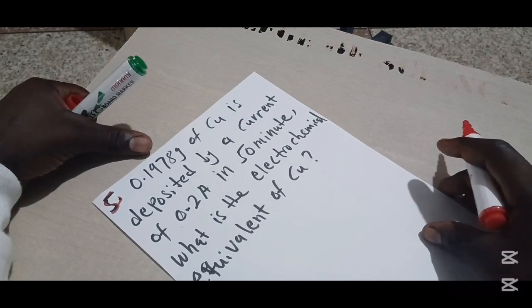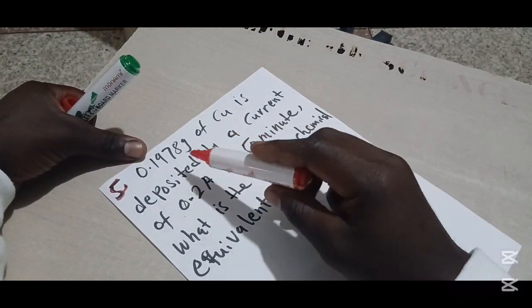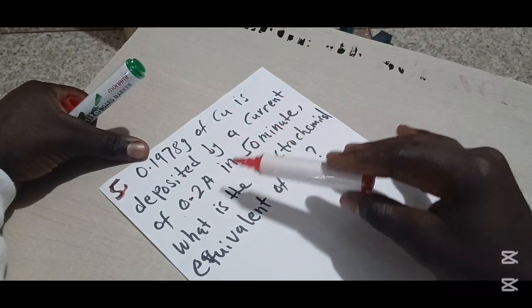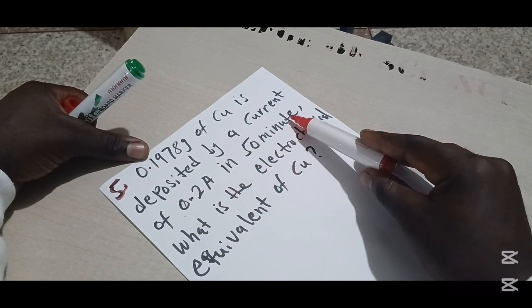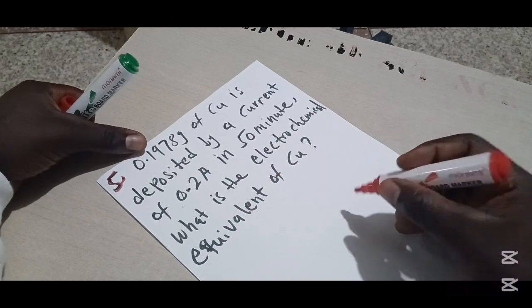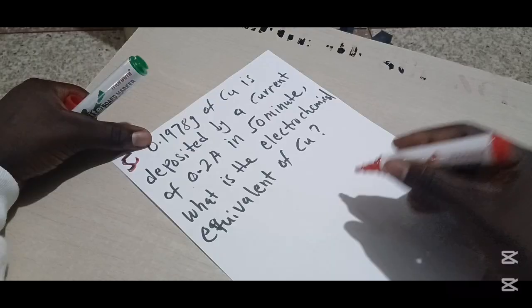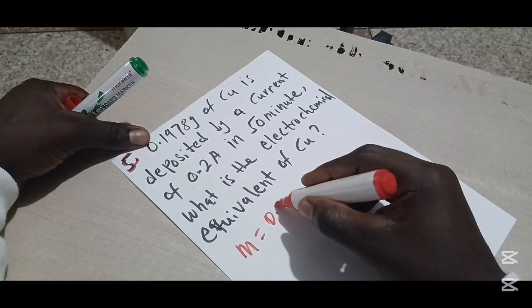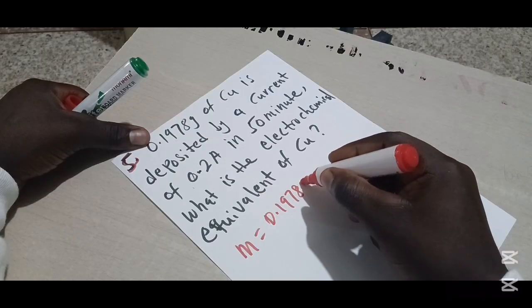We are going to speed on this one. 0.1978 grams of copper is deposited by a current of 0.2 ampere in 50 minutes. What is the electrochemical equivalent of copper? And here we are looking at the electrochemical equivalent of copper. So we have the mass of copper to be 0.1978 grams.